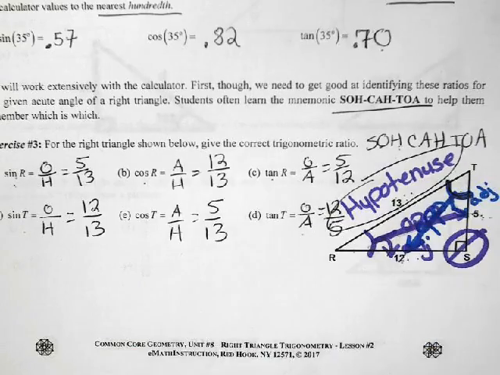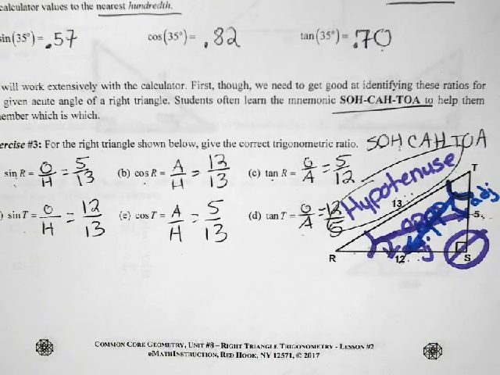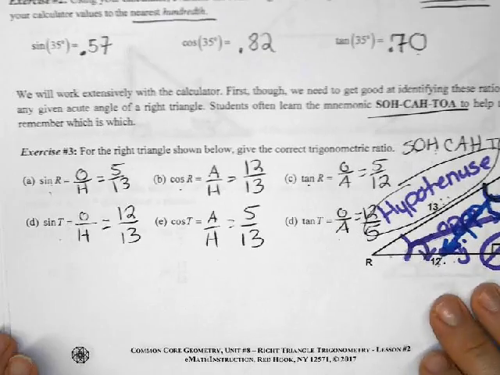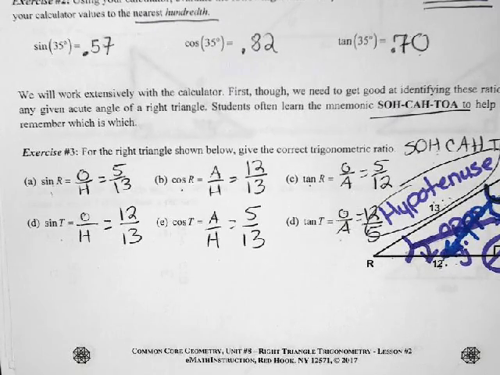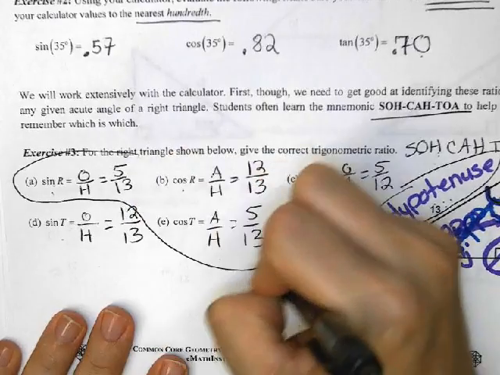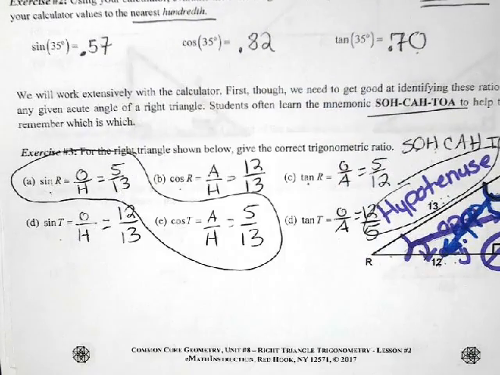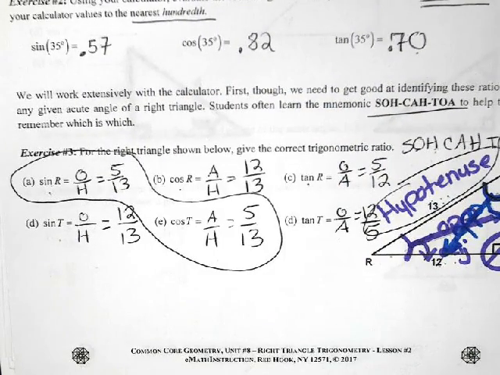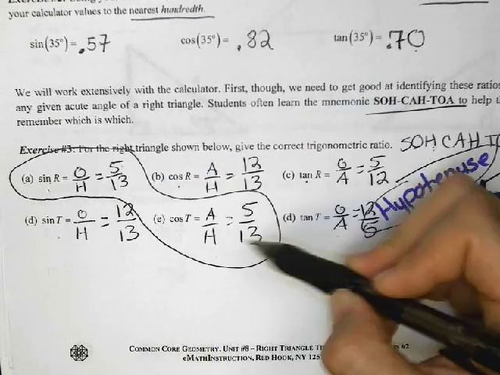Okay. Now, they have a Regents question that'll ask you which of the following are equivalent. So if we look at this, which of these are equivalent with each other? Sine of R and cosine of T are equivalent because they have the same fraction.